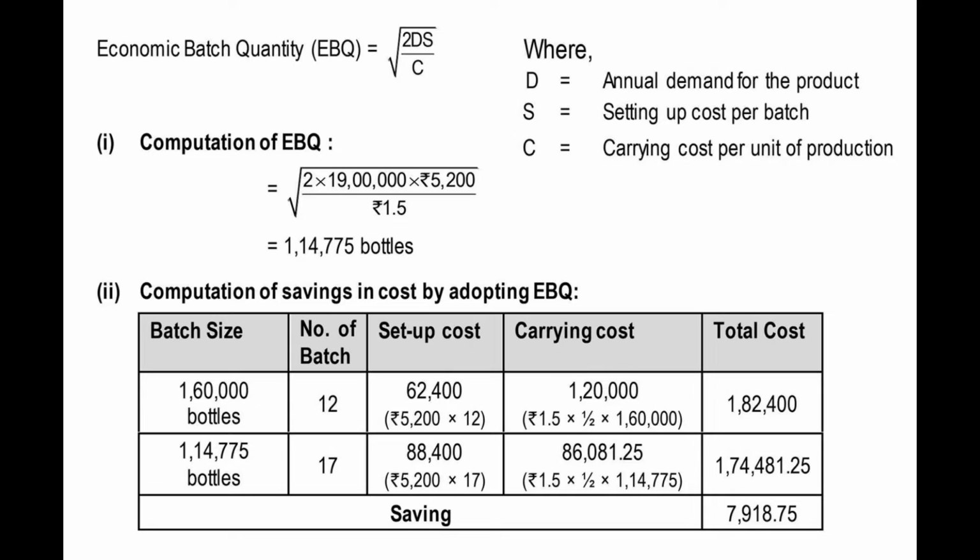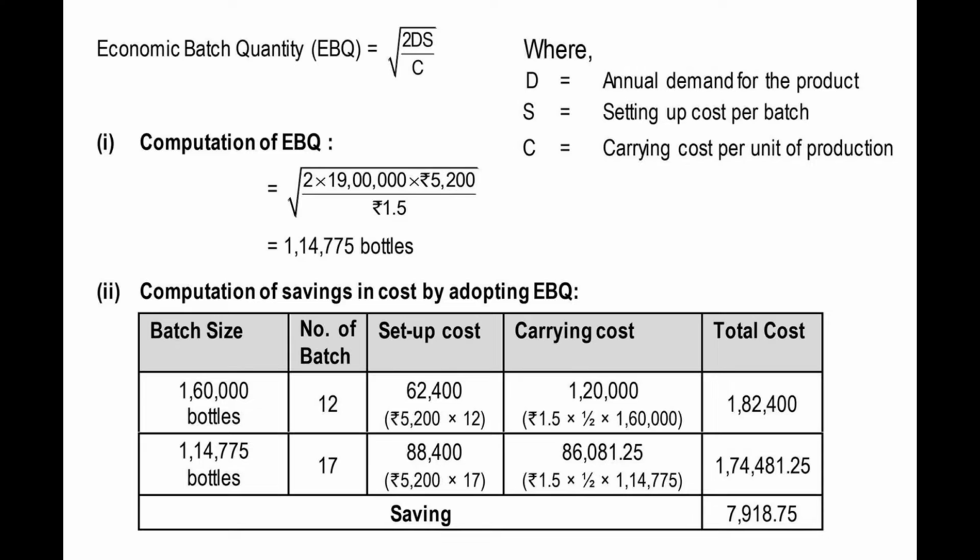The annual demand for the product given in the problem is 19 lakh. So put root 2 into 19 lakhs. Setting up cost per batch given in the problem is rupees 5200, into 5200. Carrying cost is also given in the problem. Carrying cost here is nothing but storage cost.